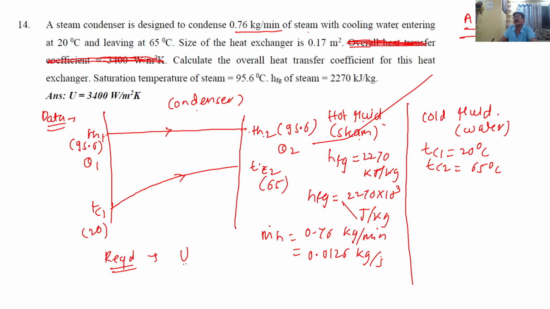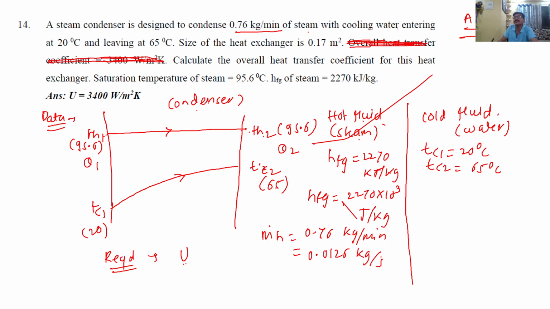So I will go to the solution. If I want to know the area, I can use the formula Q is equal to UA theta m. This is the basic equation in LMTD approach. UI AI theta m or U0 A0 theta m. As the tube dimensions are not given, these two formulas get discarded.